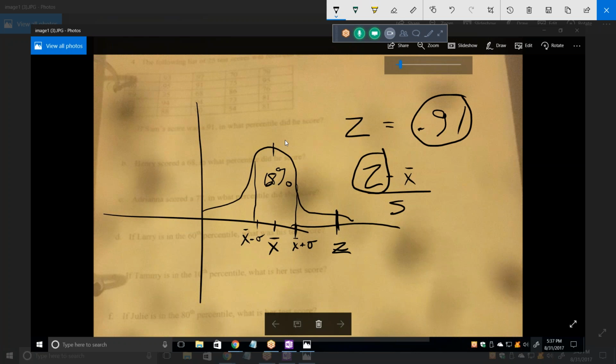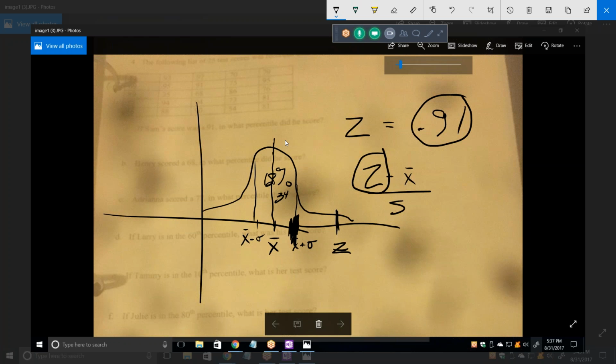Now, hold on a second. Let's see. If the Z-score was 1, it would be right there. Right? Or it would be right here. If the Z-score was plus 1, then it wouldn't be 68% of the data that lies to the left of Z. It would be basically 34 plus 50.